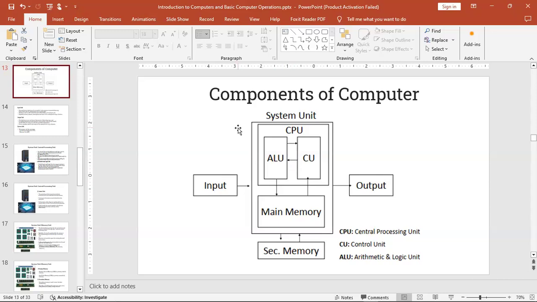It is the brain of the computer. The system unit is made up of two main components. We have the CPU, also known as the central processing unit, and we have the main memory.